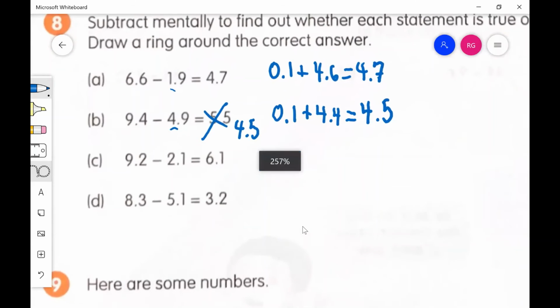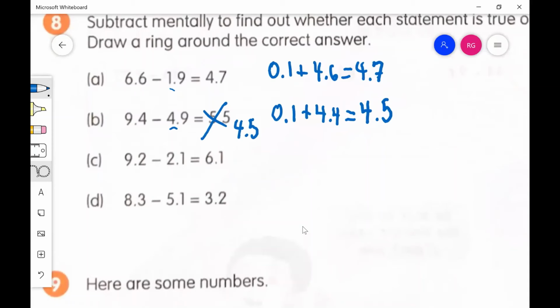Next one, we say 9.2 minus 2.1 equals 6.1. Okay, well, for this one, I'd basically count from 2 to 9. I know that that is going to be from 2.1 to 9.1.